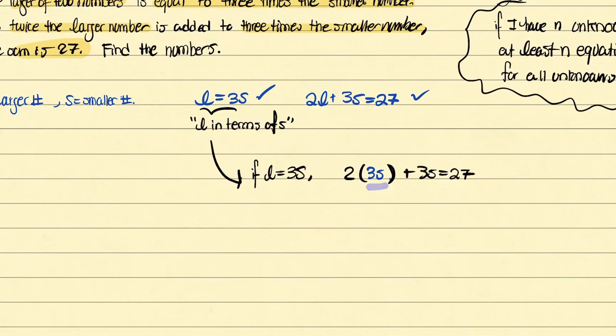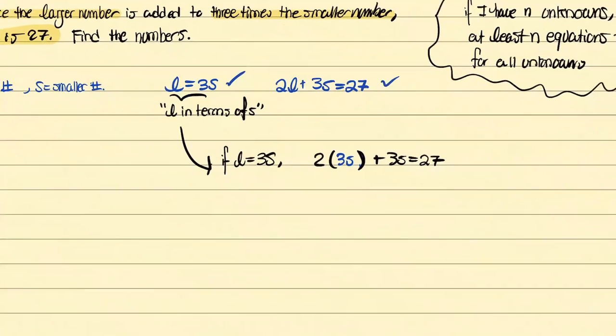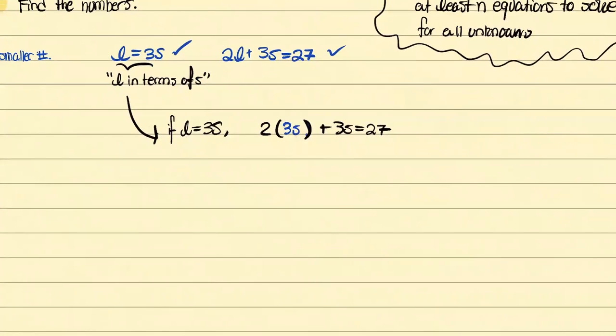So let me just plug that in. But now this is a linear equation that is just in terms of S, and I can solve for S now. So 6s plus 3s is 9s. It's equal to 27. Divide both sides by 9, and s will be 3.